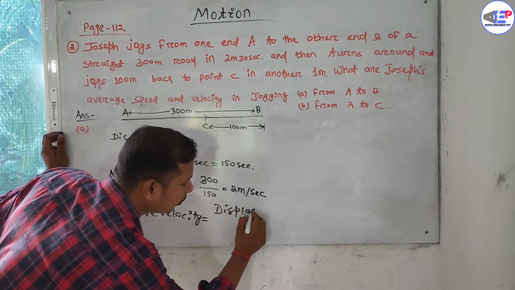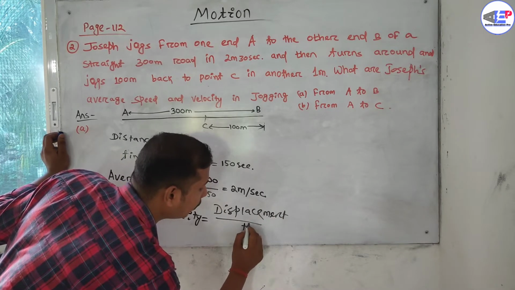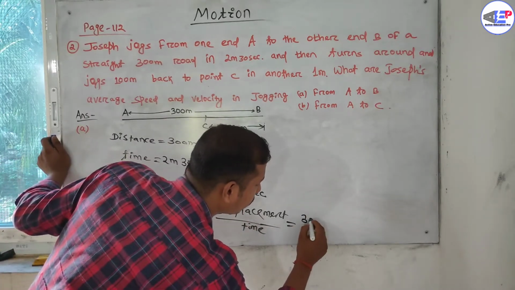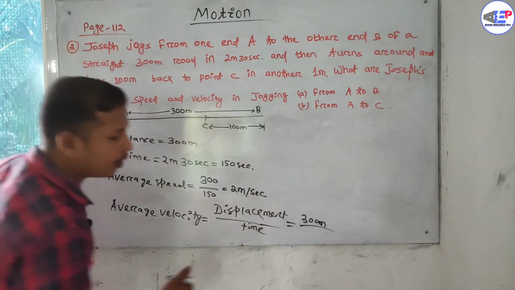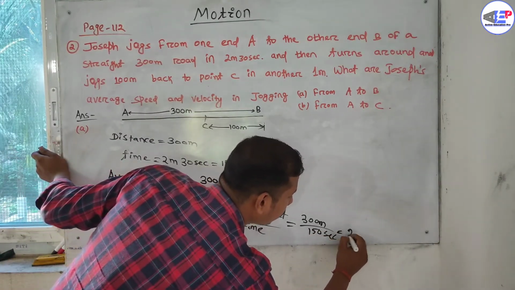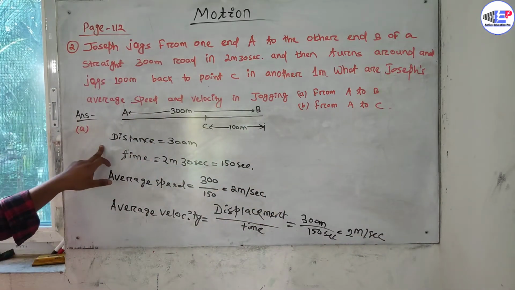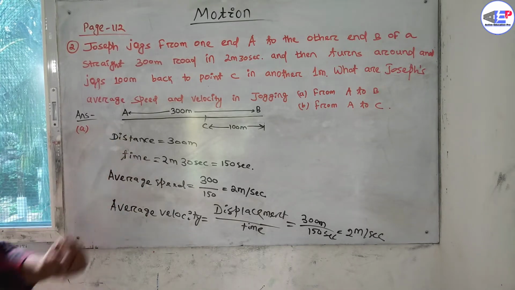So displacement by time. Here displacement will be 300 meter divided by time, which is 150 seconds. So it becomes 2 meter per second. So here average velocity and average speed are the same because the motion is in a straight line.